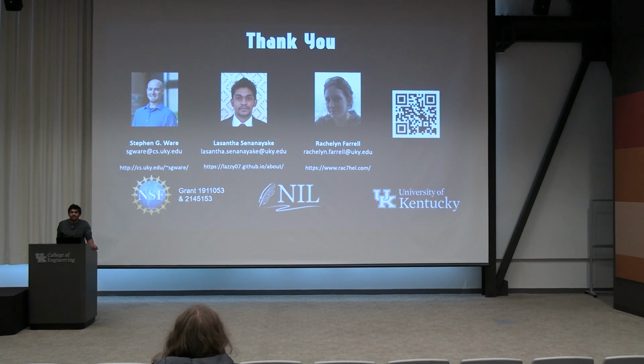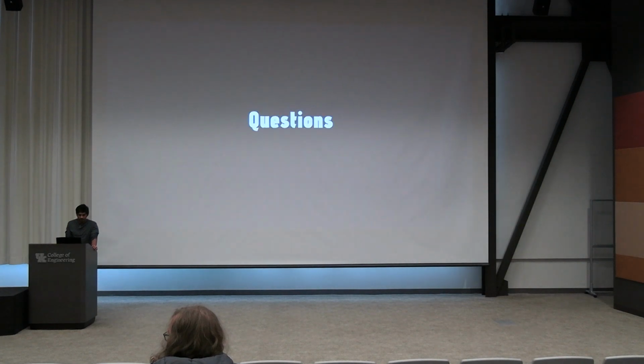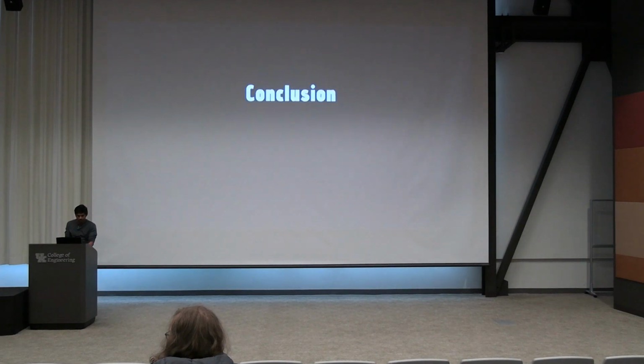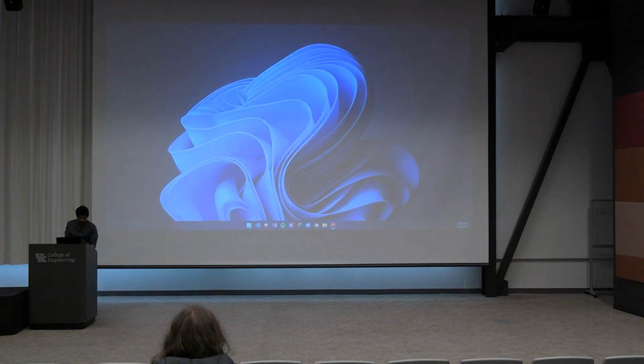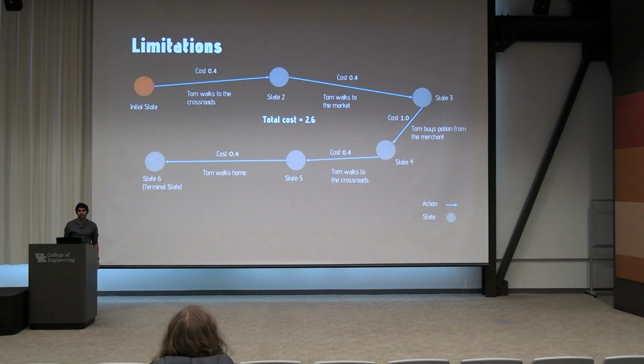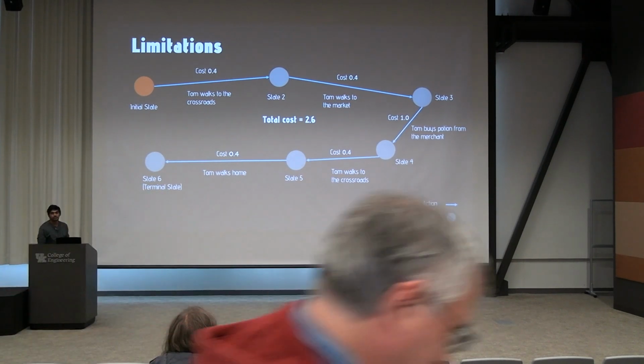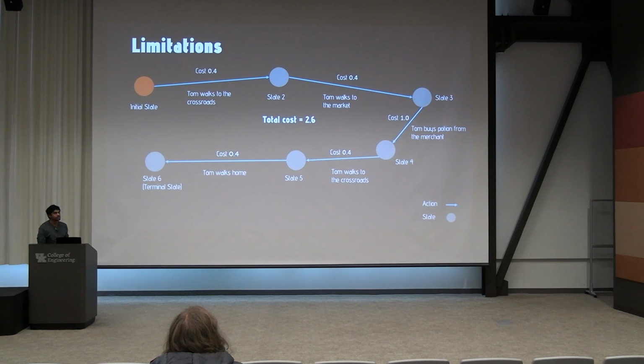Thanks for your presentation. I have two questions actually. The first question is about the example you showed, I don't remember the number of the slide, where you show the graph with the cost. Yeah, here. The question is how do you define the cost of each action here?